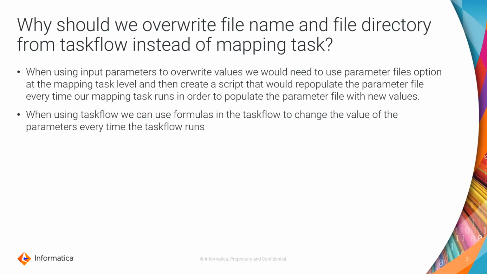In the demo, I will show you just the basic concept of how to override the values. There are different ways to do it. You can override the value directly in the data task. You can create assignment steps where you can create formulas to create dynamic values. So there are different ways. I will show you just the basic concept, and you can take that concept and implement it in any way that you need to change the value of your file name and your file directory.